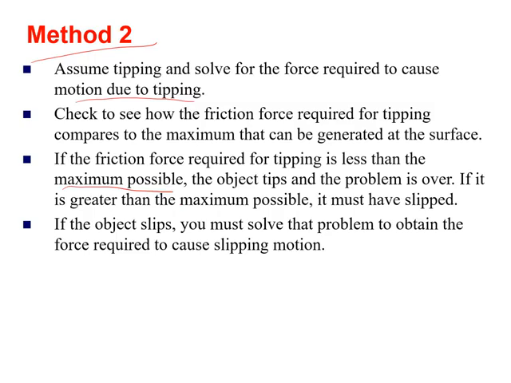And if the force causing the tipping is greater than the maximum possible friction force on the surface, it means that the body is in the state of slipping. So if the object is slipping, then you have to solve the problem to obtain the force required to cause the slipping motion by using the steps that I discussed in slide number 2 or 3 of this lecture.